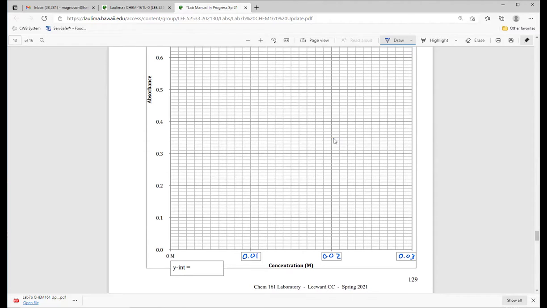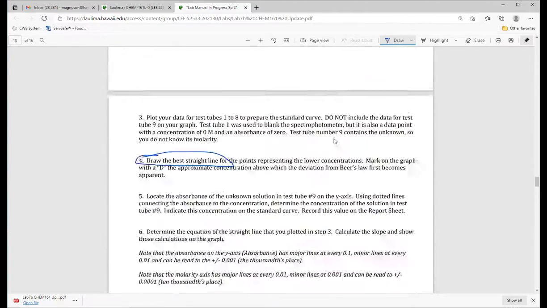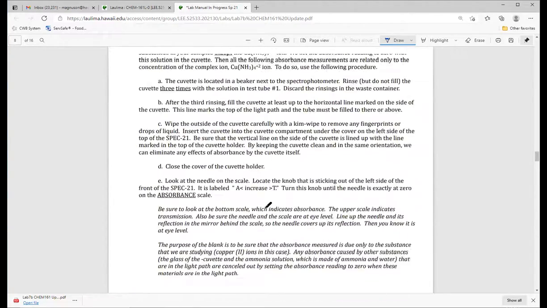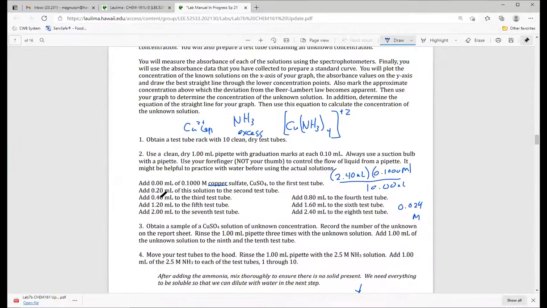So most of our points, each box is going to be 0.001. And I think our first concentration was 0.002, so that would be our first concentration point. Then 0.004 and then 0.008, right?